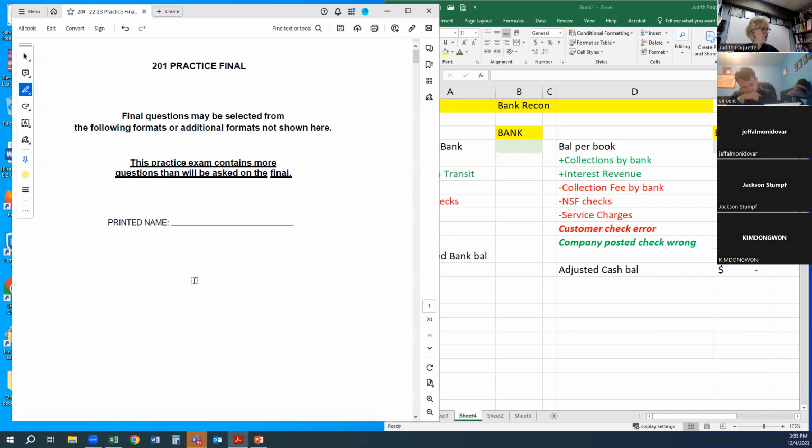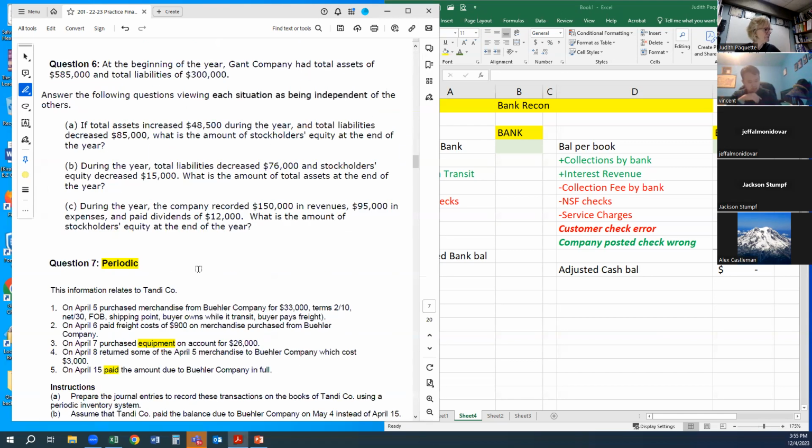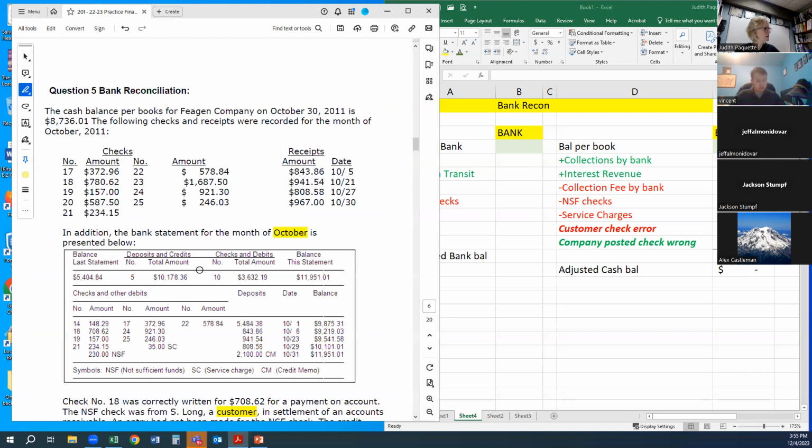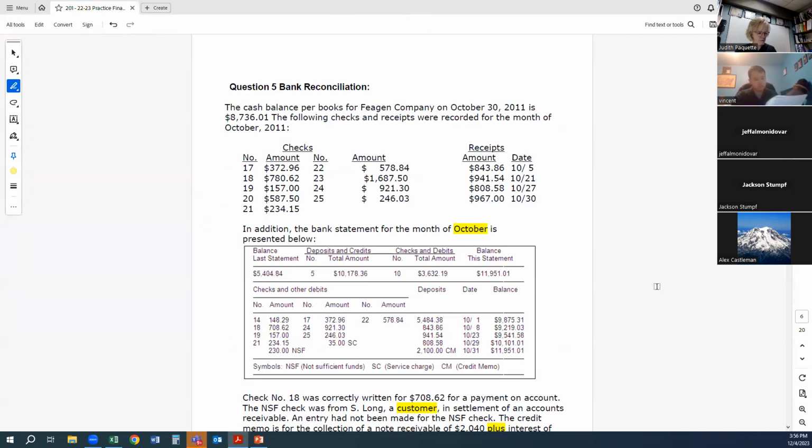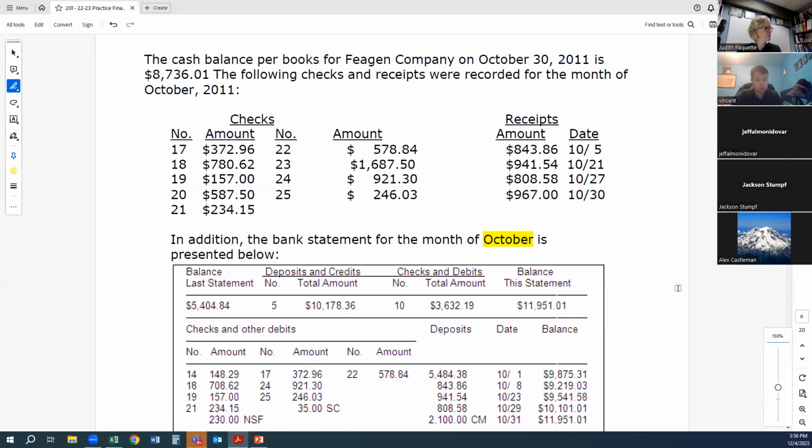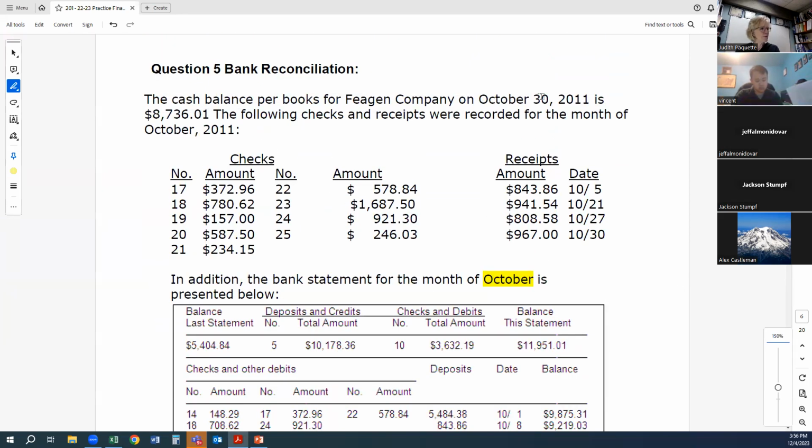Okay, so let's look at number 5, and I think the version you guys have might be different than mine. Am I correct? So let's take a good look at this. This is number 5. If your form says September 30, change it to October.